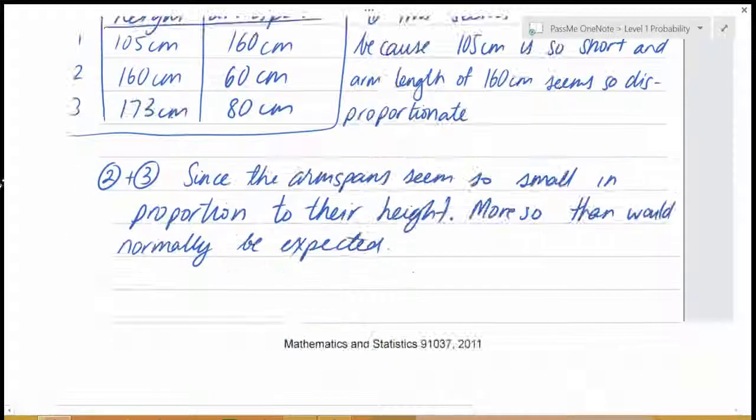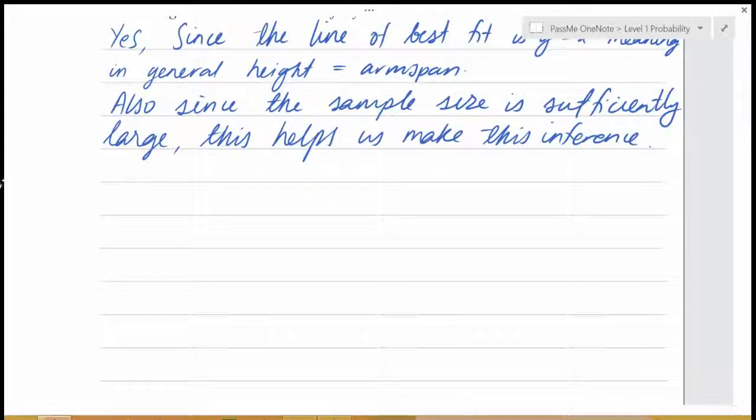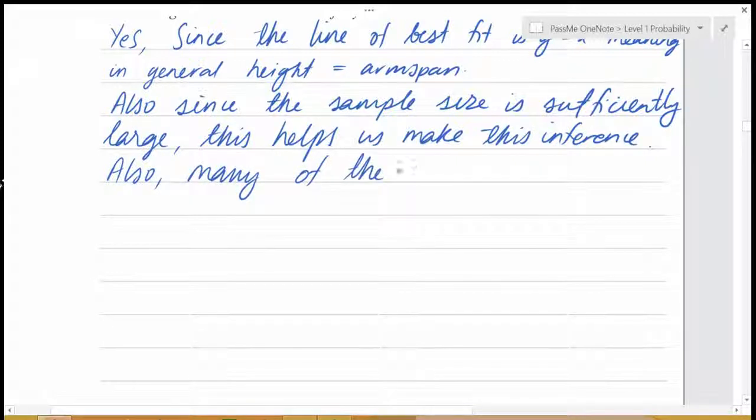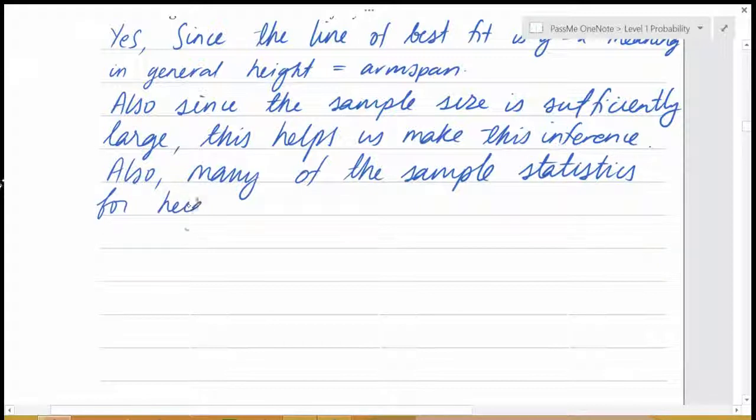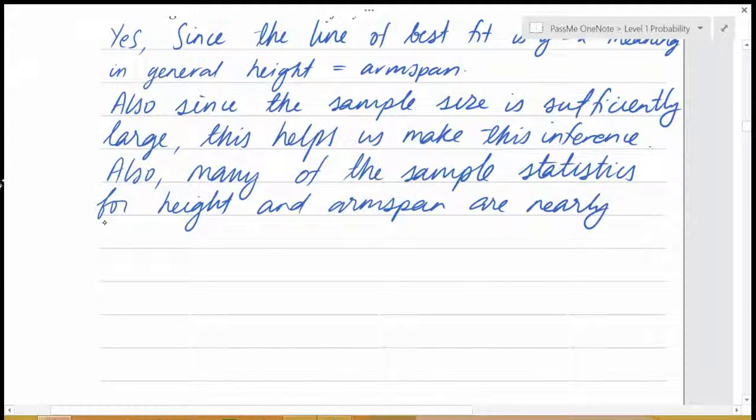So we'll just say also many of the sample statistics for height and arm span are nearly the same. And it's just worth backing that up with an example.